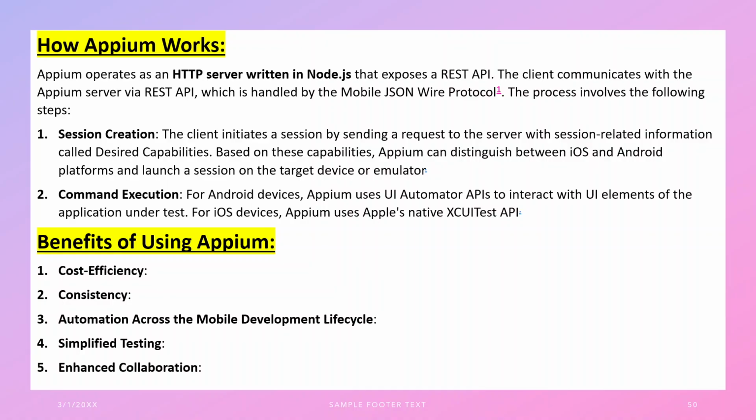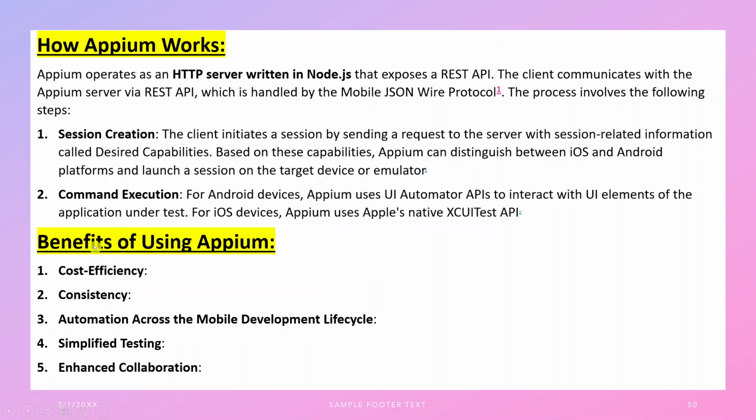Appium uses the UI Automator API to interact with the UI elements of the application under test, and in the case of iOS, it uses Apple's native XCUITest API. So these APIs are used, one for Android and one for iOS.